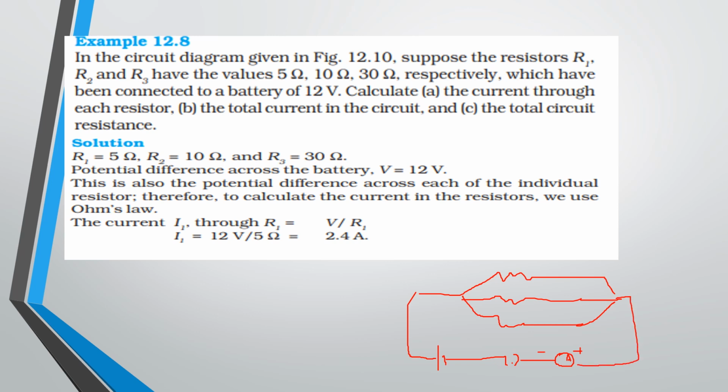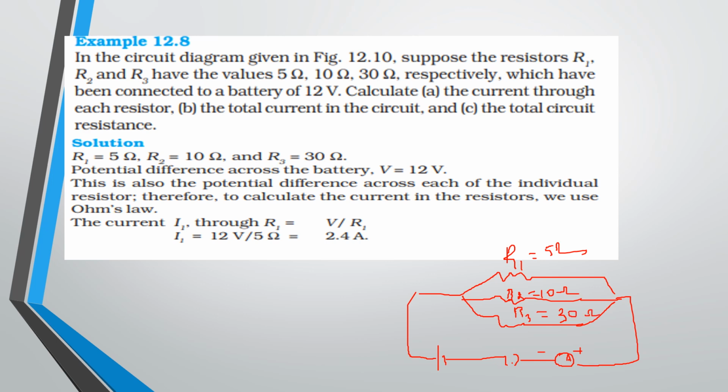The values they have given are R1 is equal to 5 ohm, R2 is equal to 10 ohm, and R3 is equal to 30 ohm.